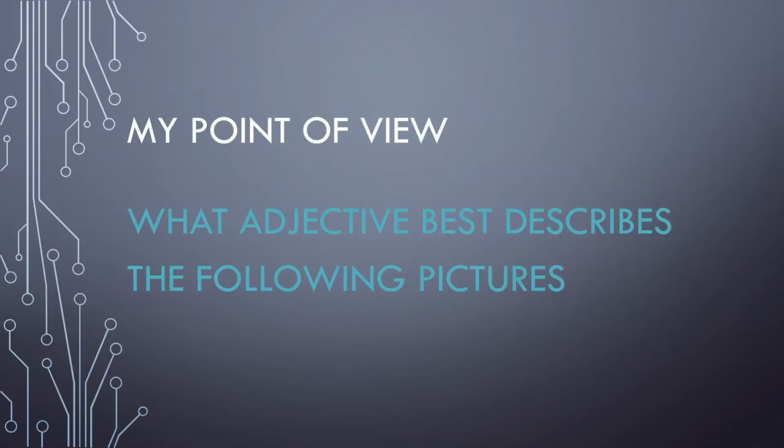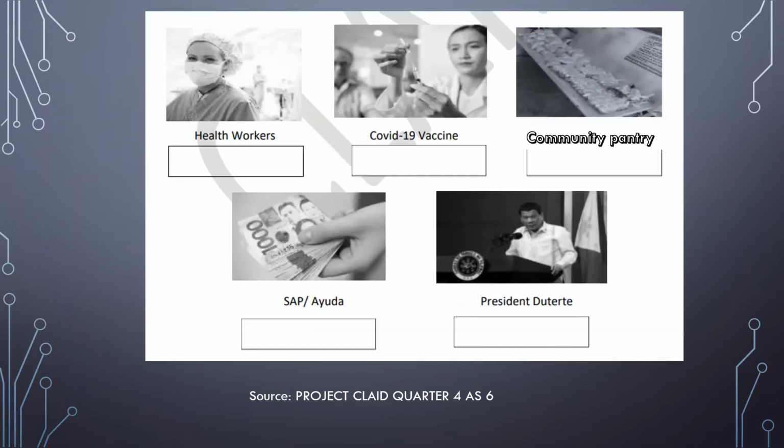Now let's try to check your point of view. What adjective best describes the following pictures? For health workers, what evaluative words can you use? Correct. One of them is hardworking. For COVID-19 vaccine, very good. One of them is effective.